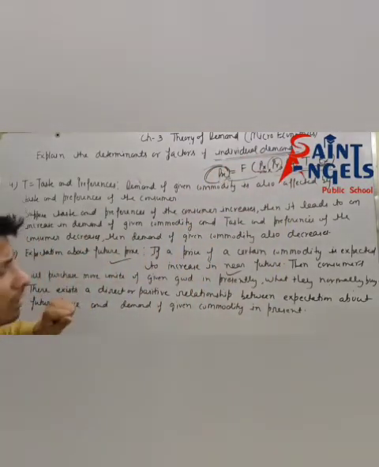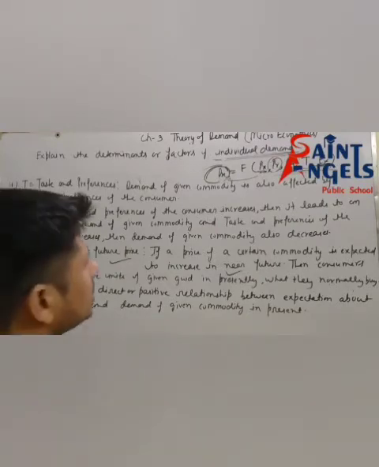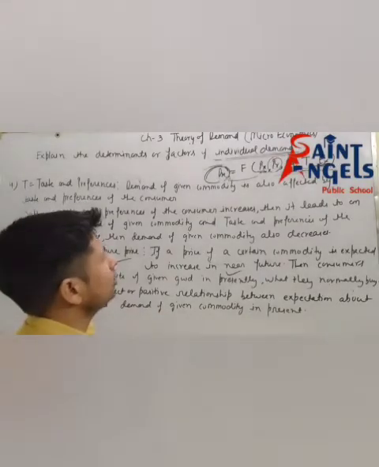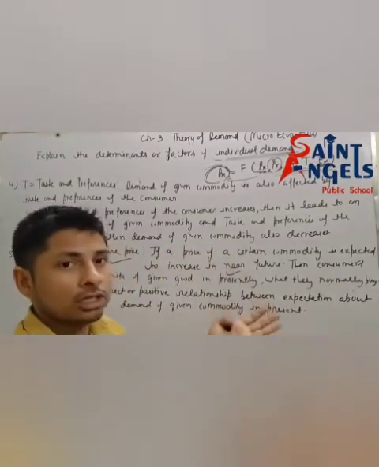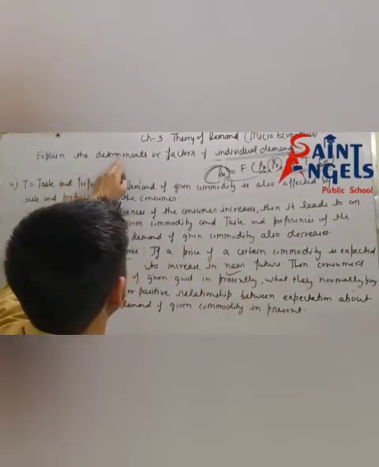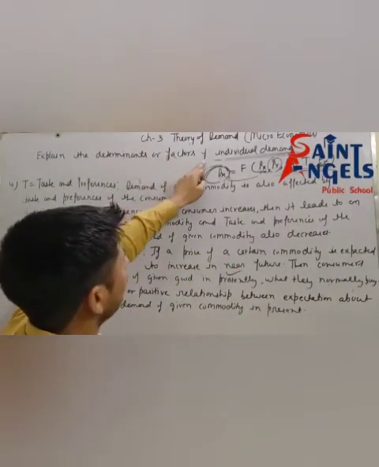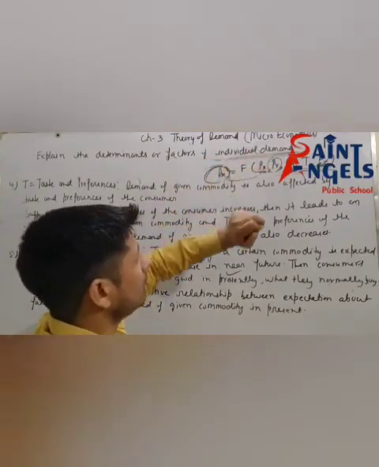I hope all of you have understood this question: explain the determinants or factors of individual demand. Now in my next video, we will discuss the next question: explain the determinants or factors of market demand.